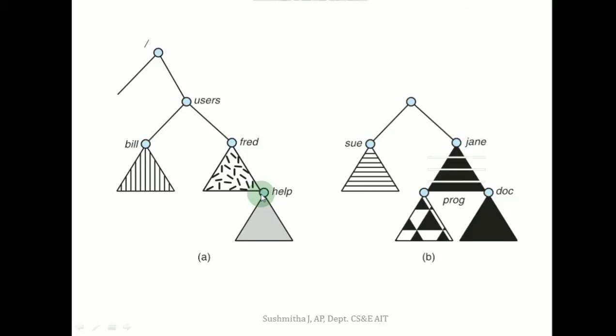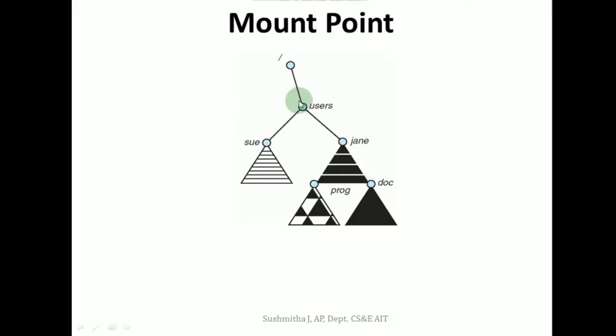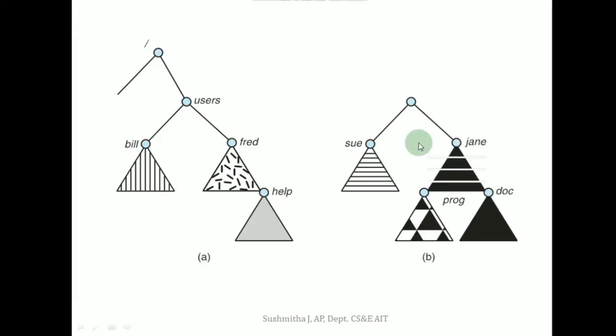Again, here we give a mount point. You can notice there are two independent file systems. If I want to use this, I should mount it on a mount point. So what is my mount point? My mount point happens to be the user. You can see it starts from here, and I am mounting this on the user.